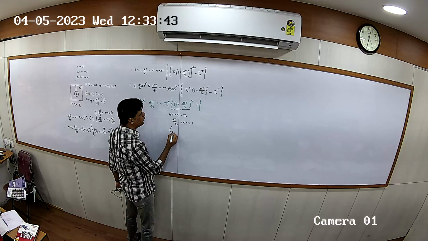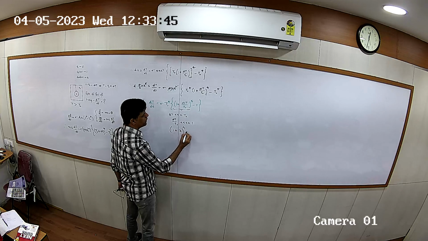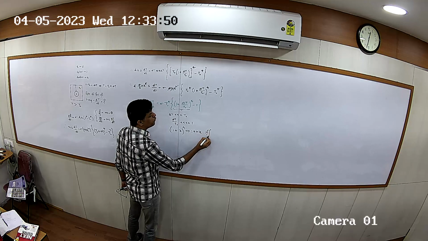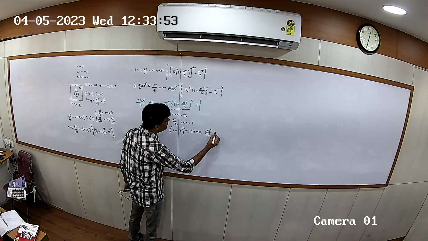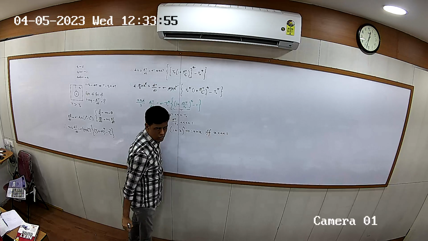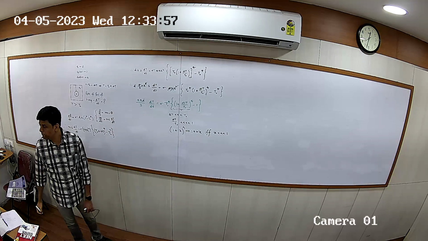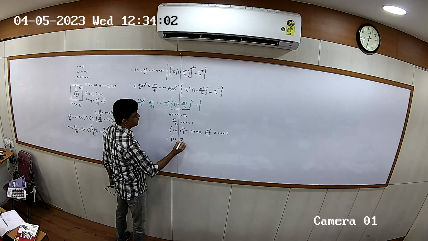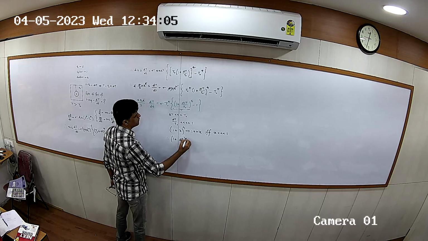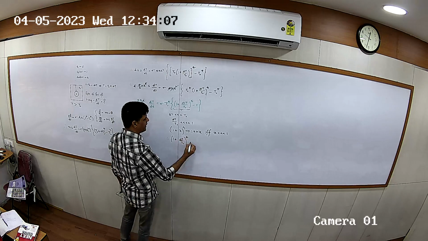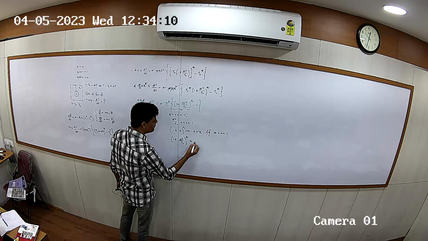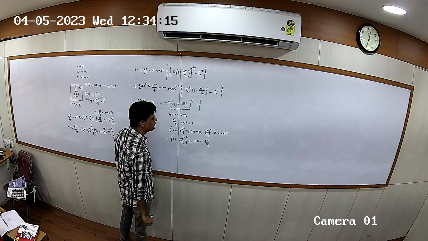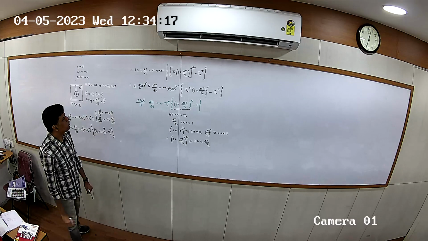And I have told you the formula: 1 plus x raised to n is approximately equal to 1 plus nx if and only if x is very much less than 1. Correct? So this term, 1 plus delta T by T naught raised to 4, I am going to write as approximately equal to 1 plus 4 delta T by T naught. Is this clear?